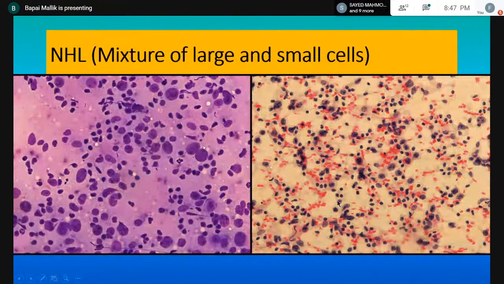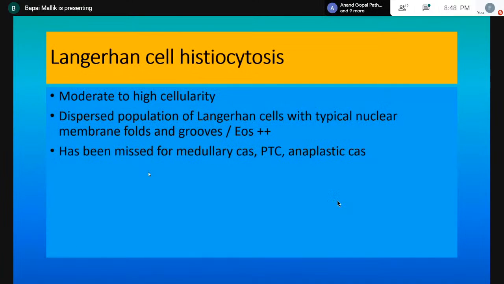Here is a situation where you have a mixture of large cells and small cells. Once again, depending on how sure you are, you can directly call it NHL, possibly with partial involvement, or otherwise you can just call it suggestive. With this kind of large cells, I would go straight and call it an NHL.